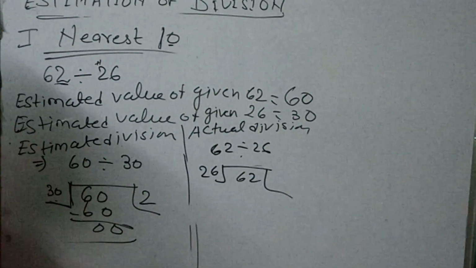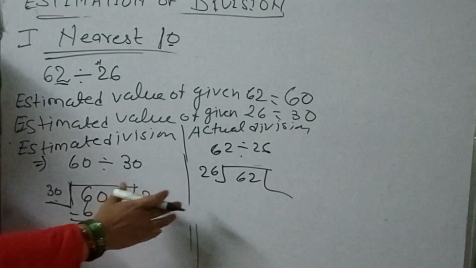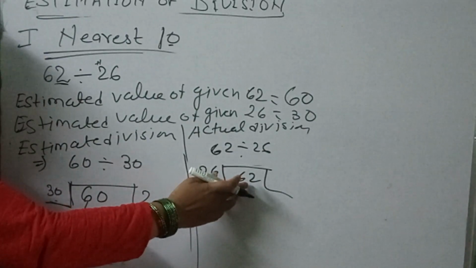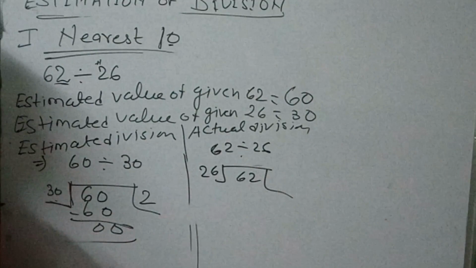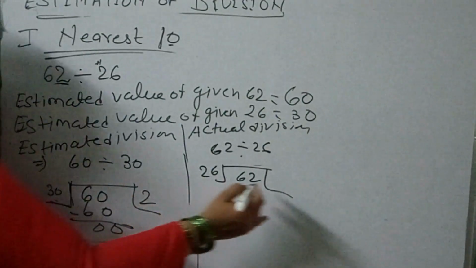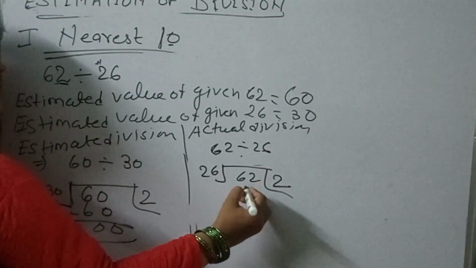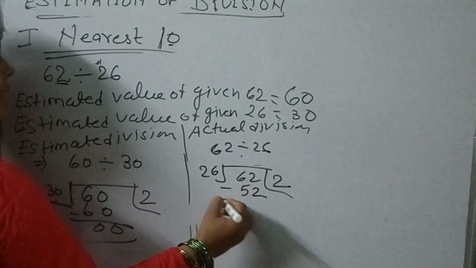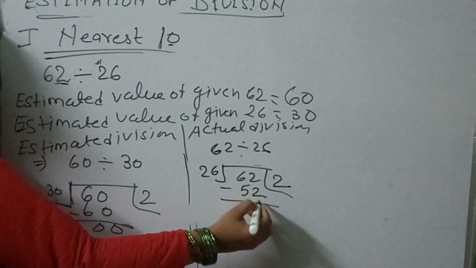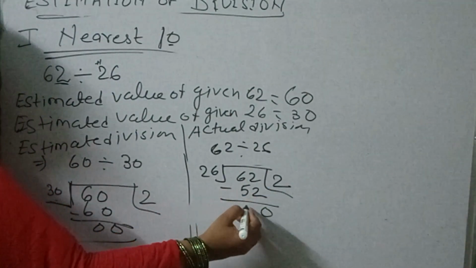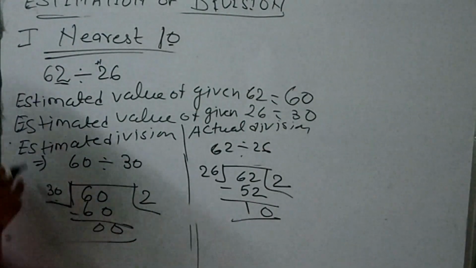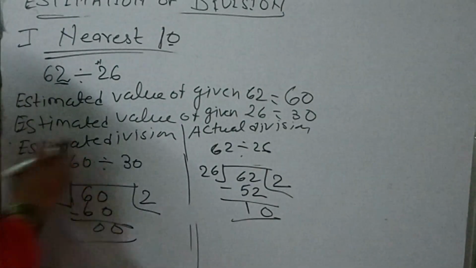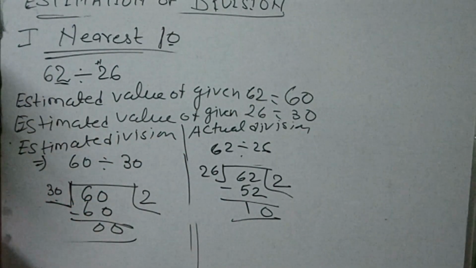Always remember, the number should be less than 62 or equal to 62. Then 26 1s are 26, 26 2s are 52. So here we write 52, and then 2 minus 2 is 0, 6 minus 5 is 1. So this one is the estimated division and this one is the actual division.